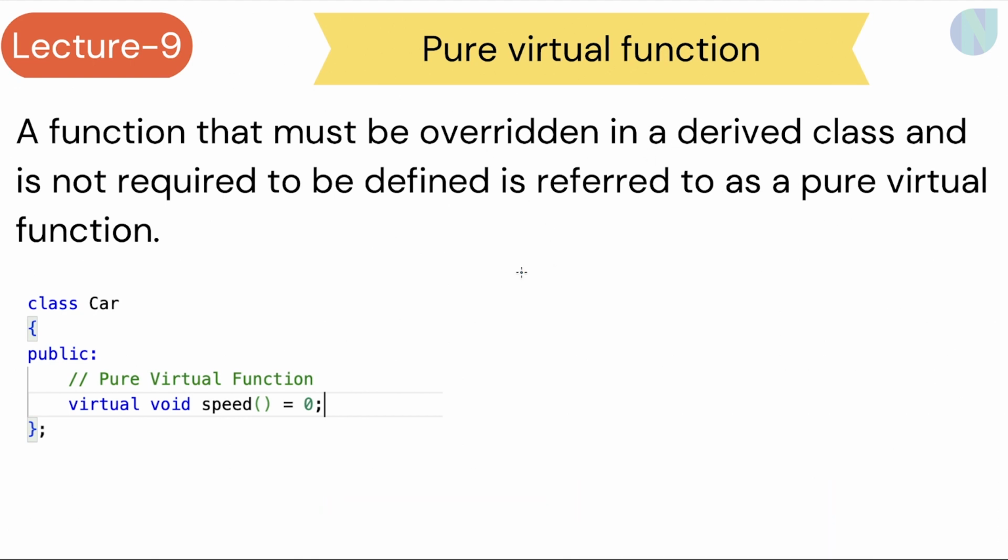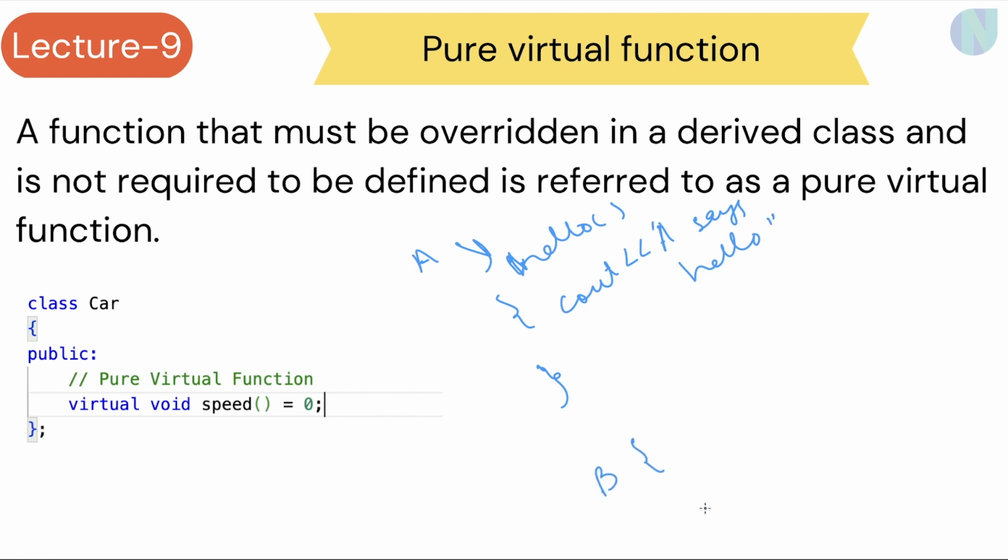If I am writing a method called hello in a class A, I write cout A says hello. Now consider I have a class B and here I am overriding this method. Here I am writing cout B says hello.